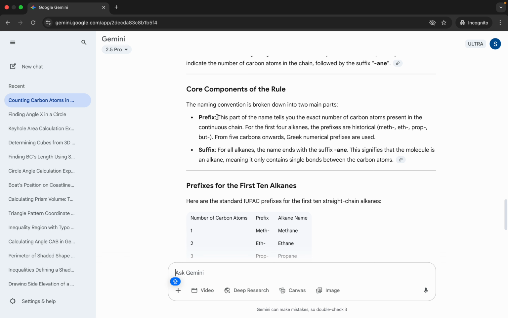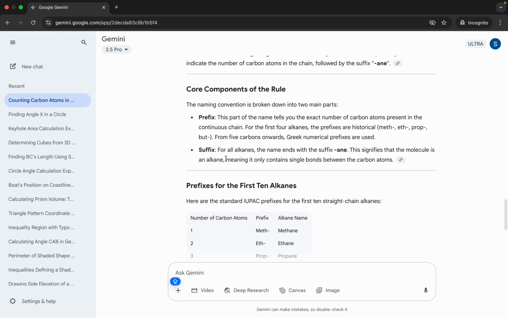Okay, prefix and suffix. The prefix is the part of the name that tells you the exact number of carbon atoms present in the continuous chain. For the first four alkanes, the prefixes are historical. So it is meth, eth, prop, but, etc. From five carbons onwards, Greek numerical prefixes are used.